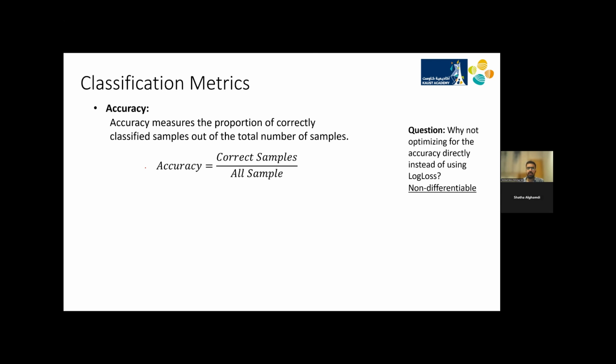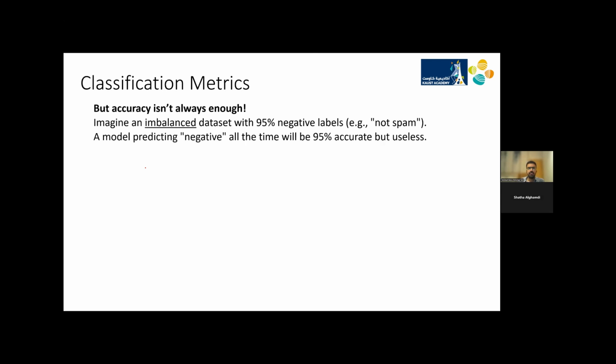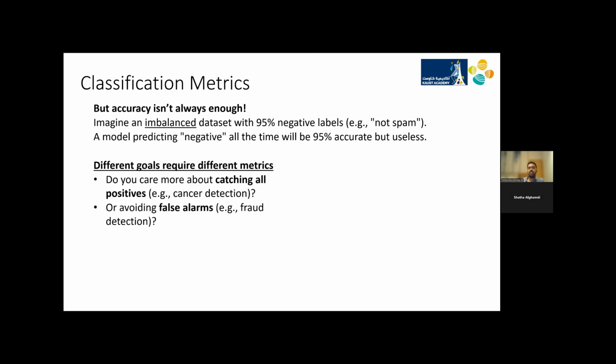All right. This we already discussed. Classification accuracy isn't always enough. For example, as Anas just mentioned, if there is a high imbalance in the dataset, we might get a very high accuracy on some particular dataset, but our model would actually be very bad.